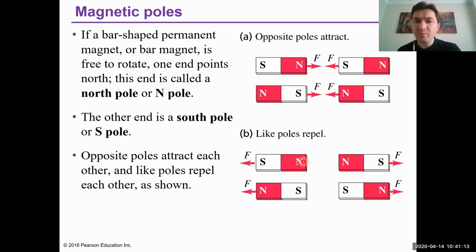Here we have N pole and N pole, they repel each other, okay? Force is repulsive. Again, S pole and S pole repel each other. So this is the interaction mechanism between magnetic poles. So we have two types of behavior, attractive forces and repulsive forces between the magnetic poles.